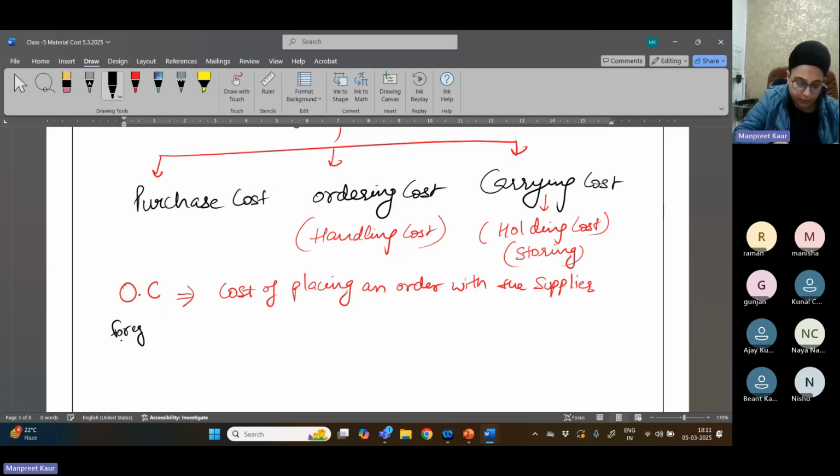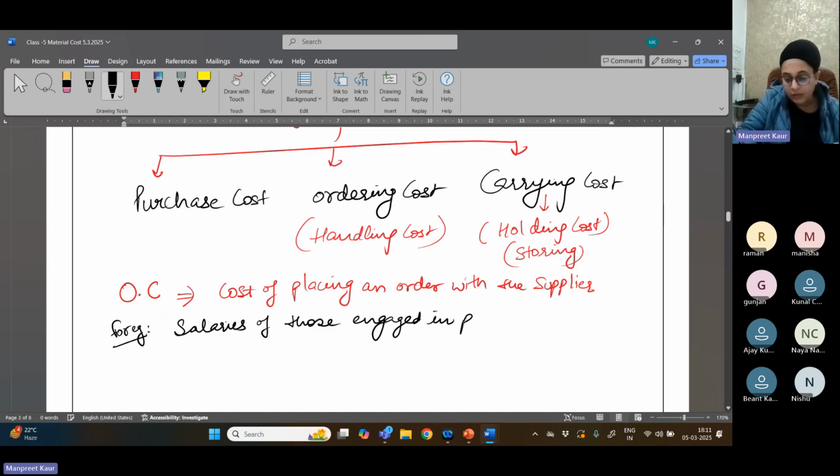For example, salaries of those engaged in placing orders. Salaries of the person who is engaged in placing the order come under the ordering cost.